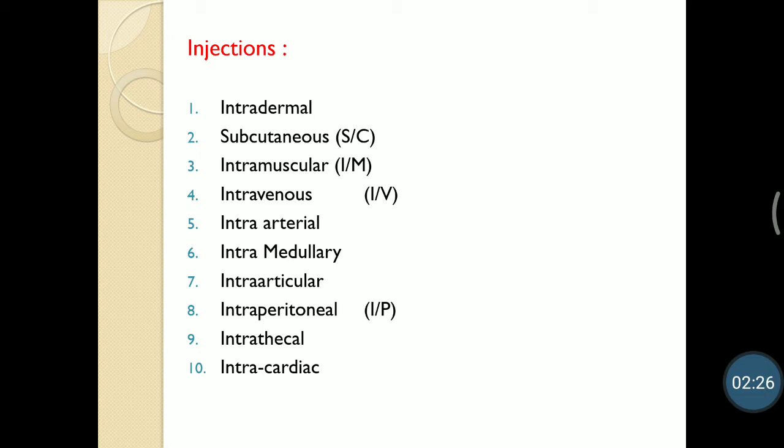Intra-articular, we inject the drug in the joint. Intraperitoneal, we inject the drug in the peritoneum, a layer above our stomach. Intrathecal, we inject the drug near the spinal cord.